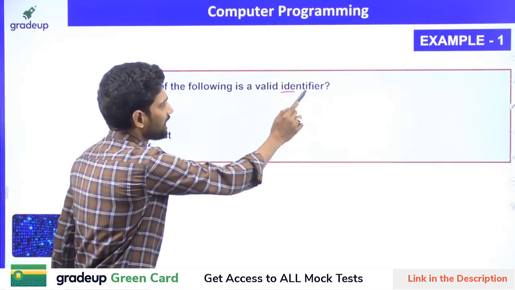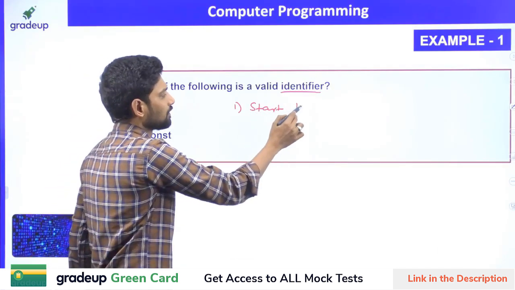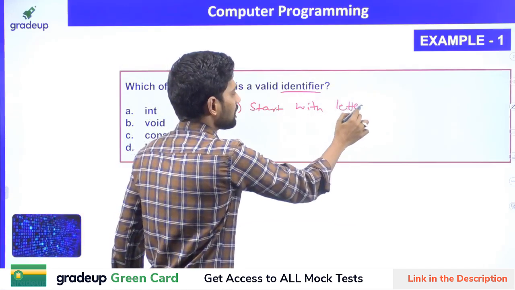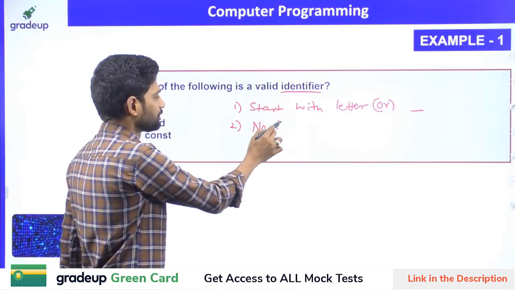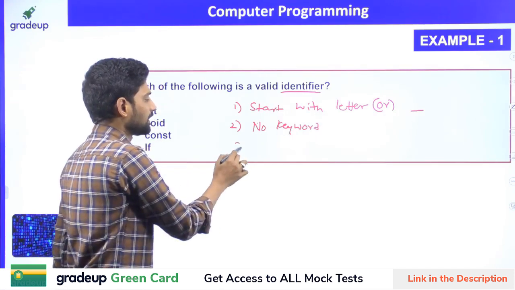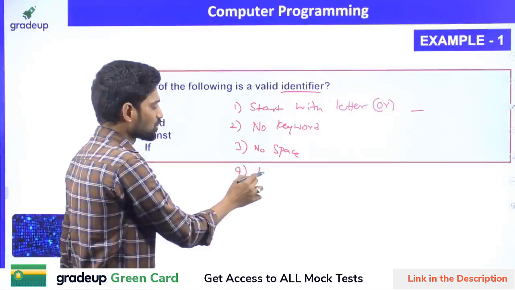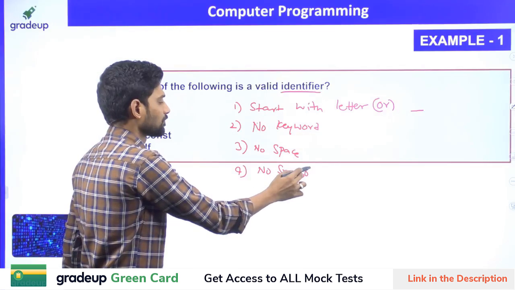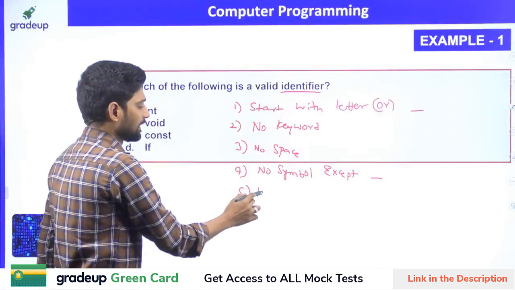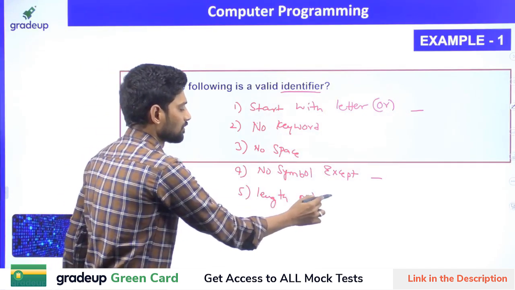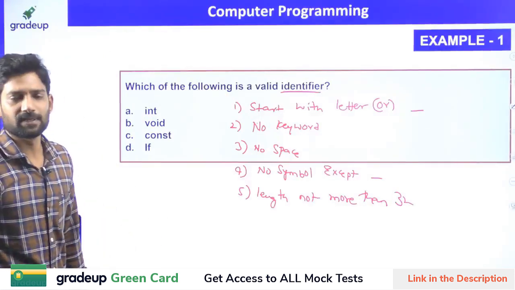We know that for an identifier there are rules: it should start with a letter or underscore symbol, it should not be a keyword, there is no space in the identifier, and no special symbol except underscore, of course, and the length should not exceed 32 characters. So these are the rules of identifiers that we know.